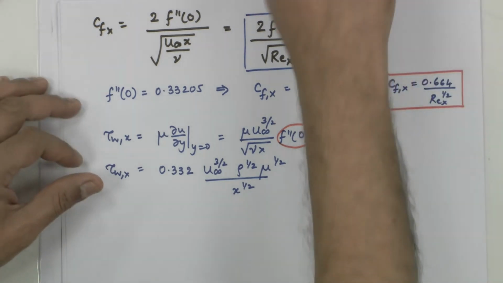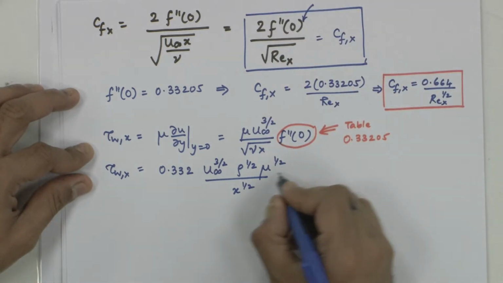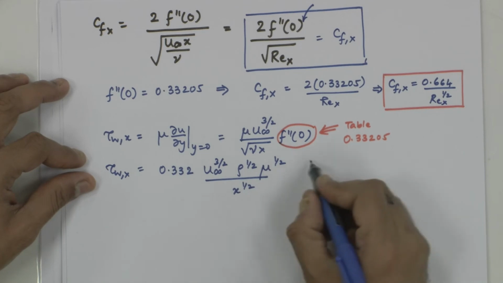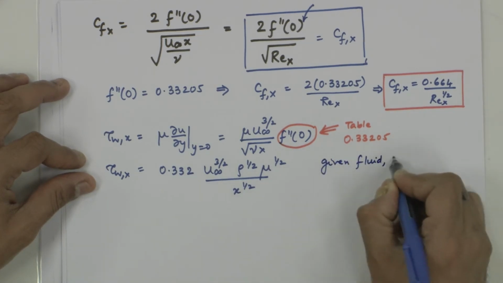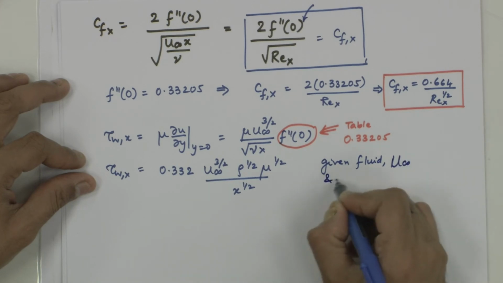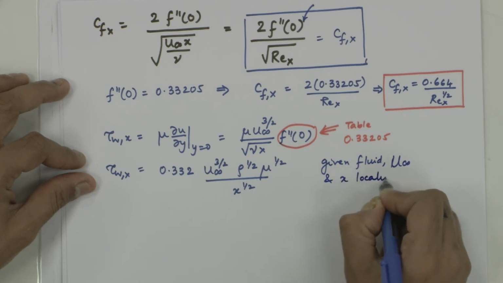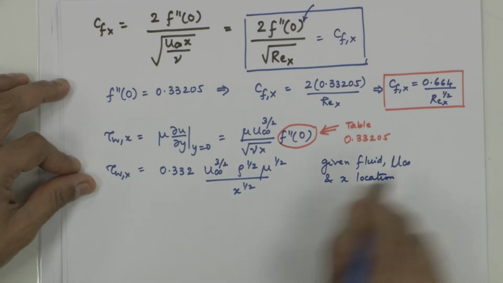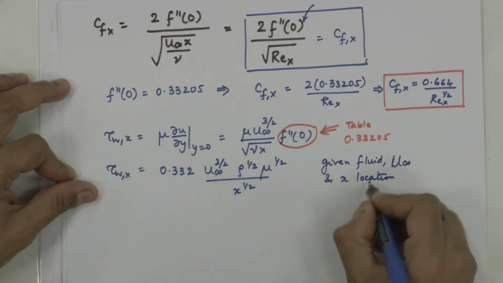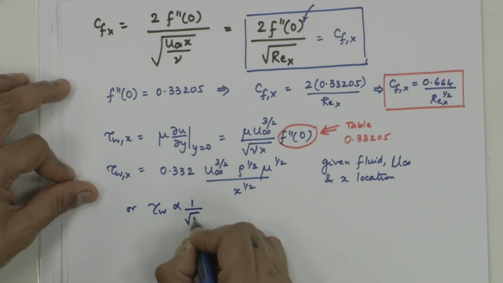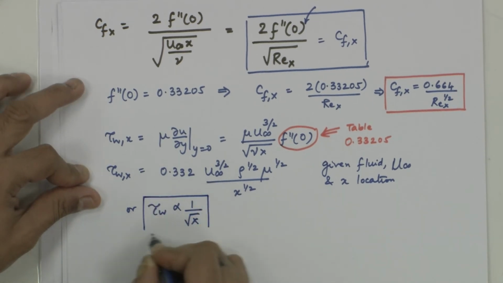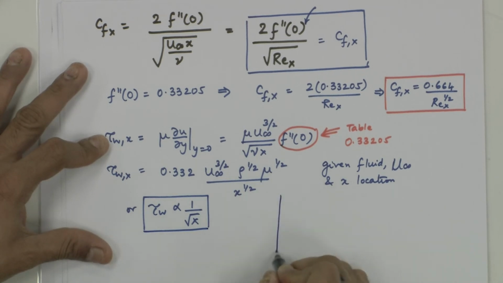So, given the fluid, free stream velocity u infinity and x location, tau wall can be calculated, or tau wall is proportional to x to the power minus half, and we told this before.